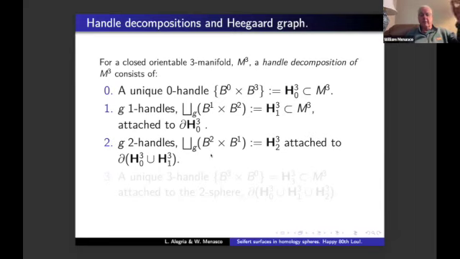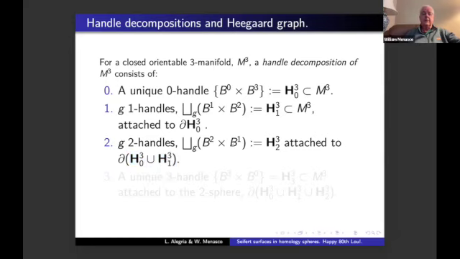Two handles are two disc cross B1s, and for the attaching you take the boundary of the B2, which is a circle, cross B1. So you end up with an annulus, and you're gluing it to the boundary of the zero and one handles combined, which is a genus G surface.